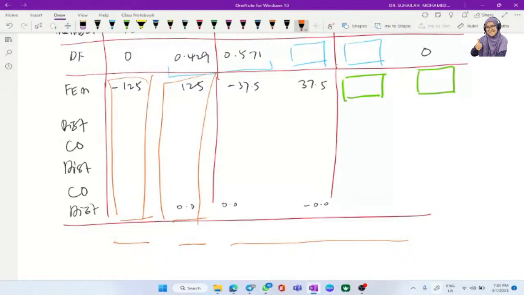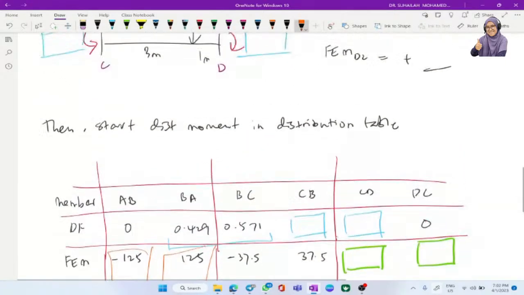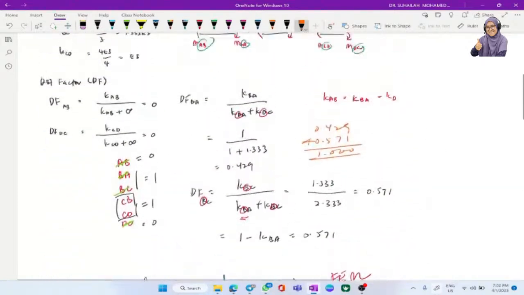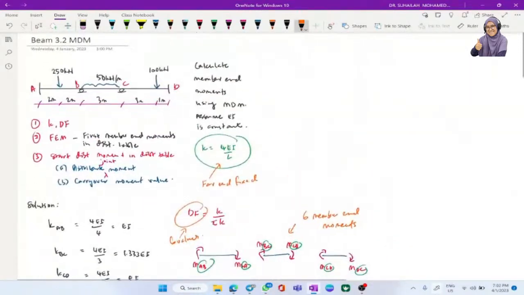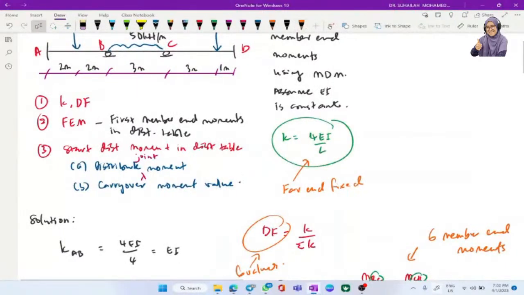So that is the moment distribution method, the analysis of beams. You have to understand all this process. The most important things are the distribution factor and the fixed end moment. Make sure both values are correct.